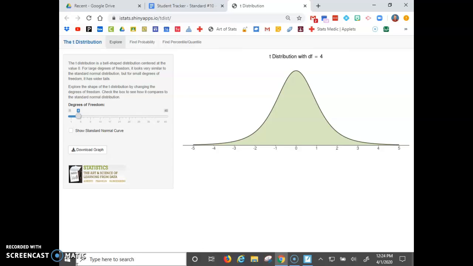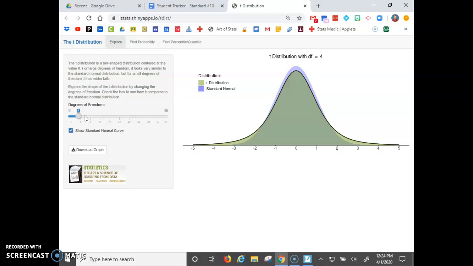Now, t-distributions are based off of something called a degree of freedom, and all a degree of freedom is, is the sample size minus 1. Now I'm going to show the standard normal curve. Notice how our t-distribution in green is a little bit wider, it's not as tall, and the tails tend to be a little thicker.